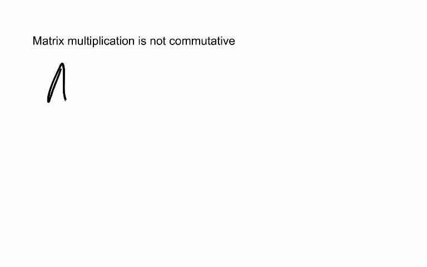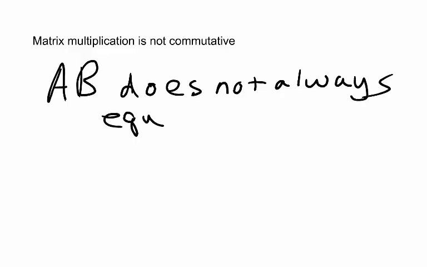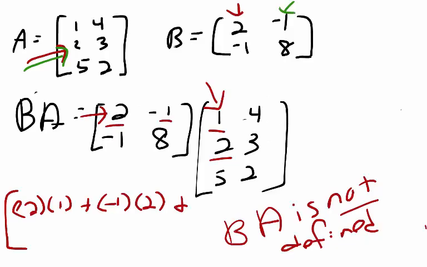In other words, matrix A times B does not always equal matrix B times A. In many cases, you'll find that you can obtain a product for AB and BA, but there are also many cases where you will not be able to, just like in our last example.